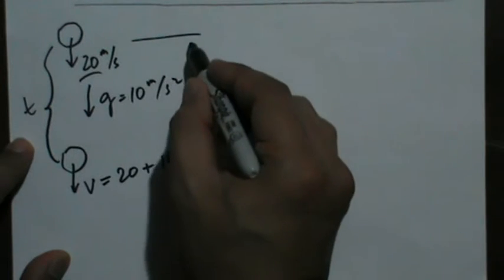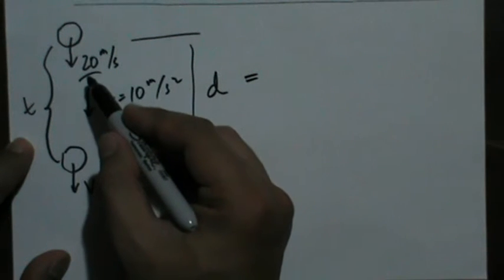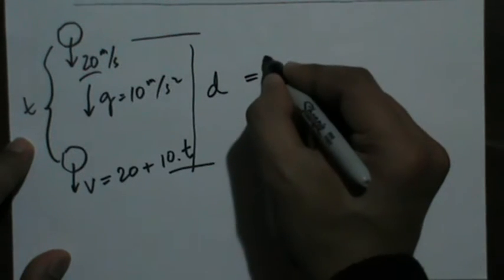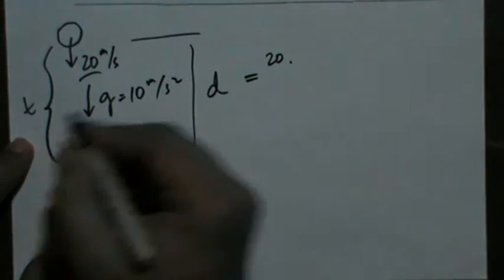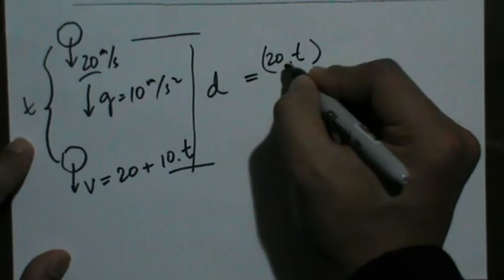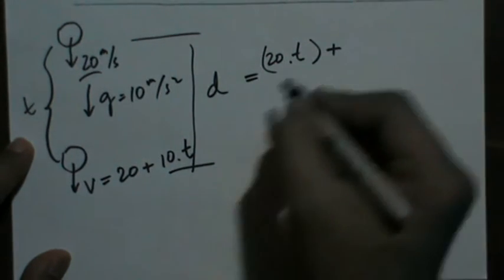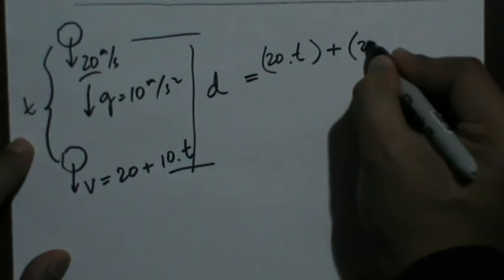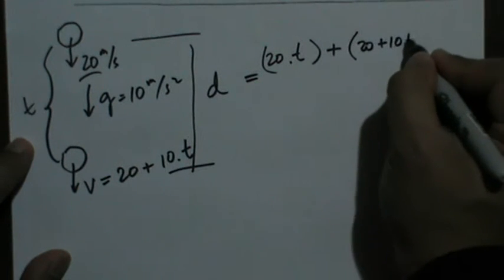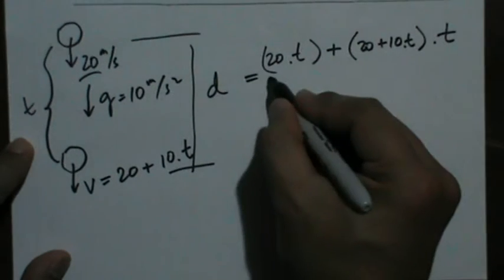So we can find the distance traveled by the ball, but if it has initial speed here, we must include it in our calculation. So this is the initial speed times the time plus the final speed, 20 plus 10 times t, divided by 2.